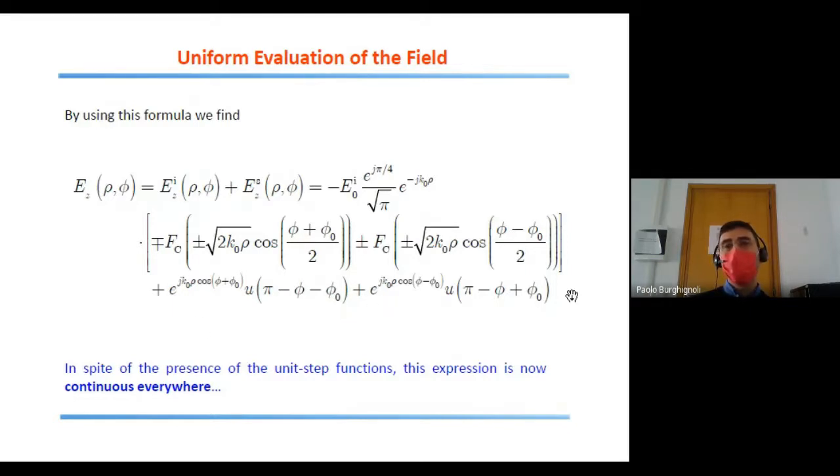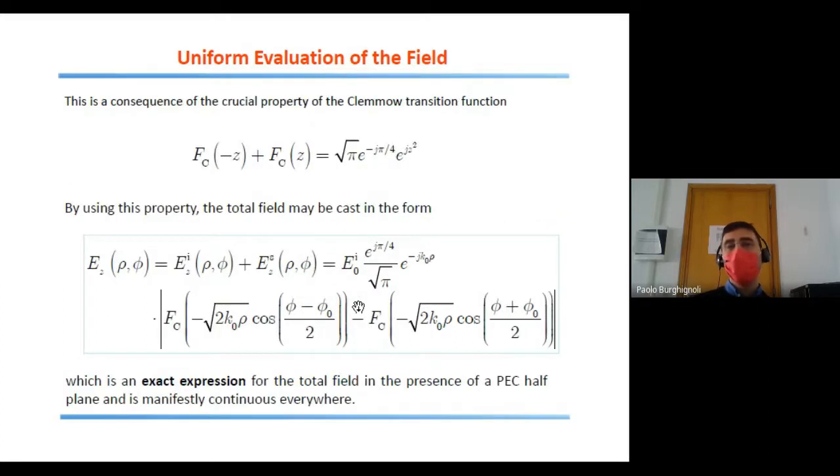Now, in spite of the functions, actually, it turns out that this expression is continuous everywhere, even across the shadow or reflection boundaries. The position function has a sort of symmetry property that relates the value of the function at z and at minus z, their sum is proportional to this modified Gaussian integral.